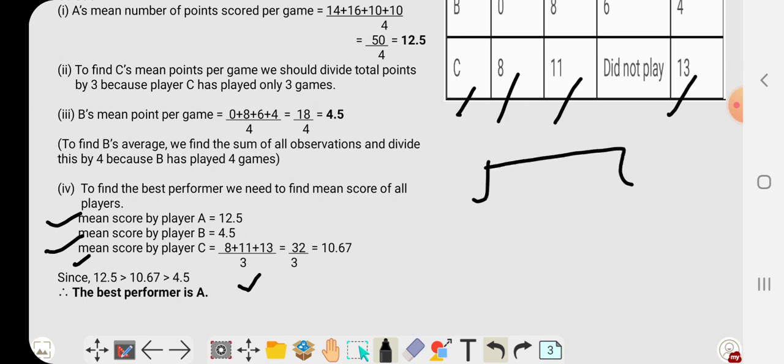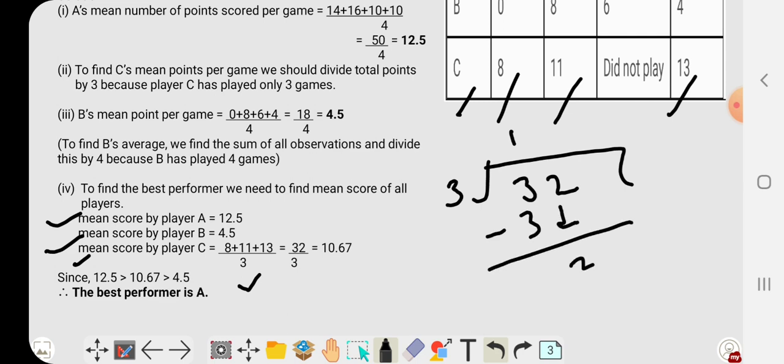How can we do it? Like 32 divided by 3. 3 ones are 3. Now 2 is here. Is 2 divisible by 3? No. But we have noted it here. So 0 will be put here. Then we can put a point, and we will put 0. 3 sixes are 18.